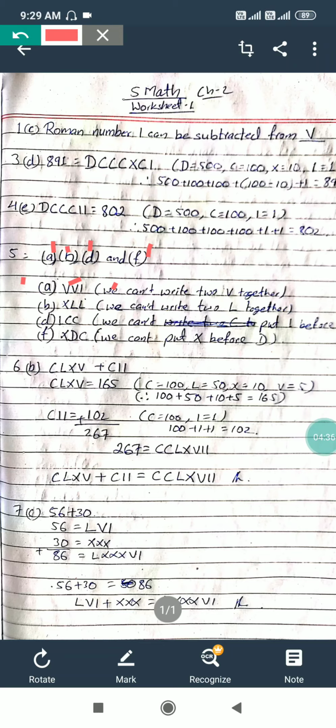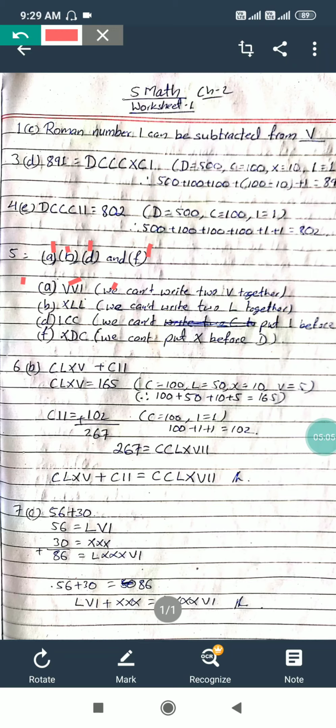In these 5 rules, there is nothing saying that we can write two V's together. Now number B, XLL. Again, this is wrong because we can't write two L's together. In the 5 rules, there is nothing saying that two L's can be written together anywhere.